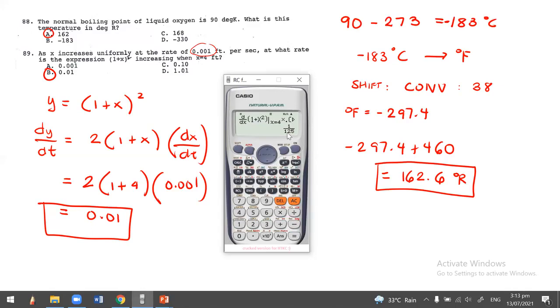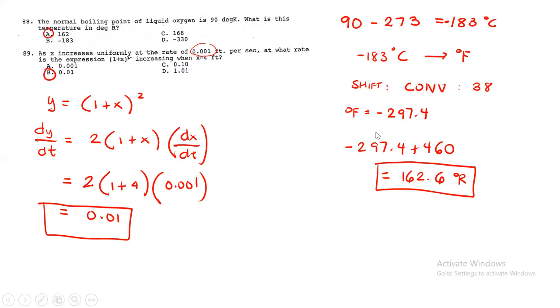So, sagot dyan is, nagkamali dito. 4 feet, no? Then 0.001. 1 plus x squared pala. Mali. So, yan. 0.01. Letter B. So, next.